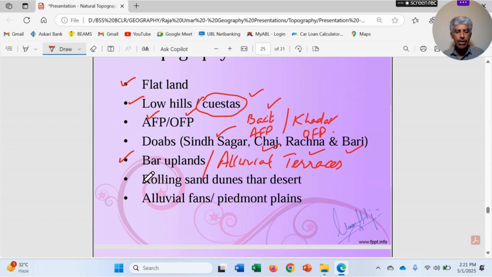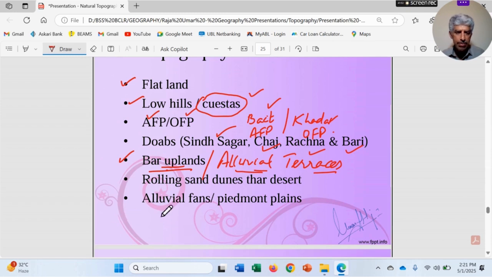What I was telling you, the Kirana Bar, Sandal Bar, Ganji Bar and Neeli Bar, they are all bar uplands, or they are all known as alluvial terraces, as they are higher, about 16 meters from the river level. So that's why they are known as terraces, the higher lands. Rolling sand dunes are in the Thar Desert, or even in the Cholistan region.